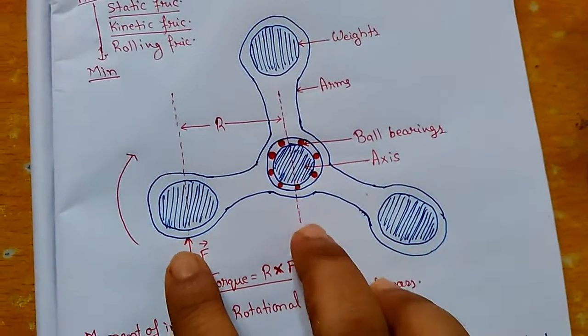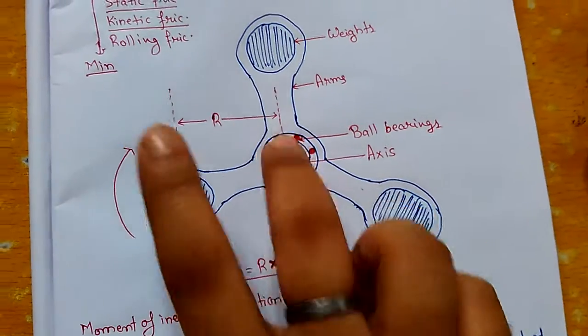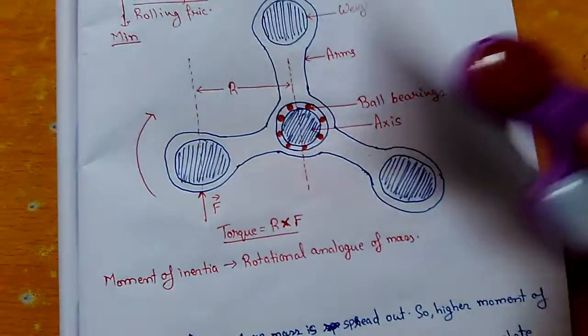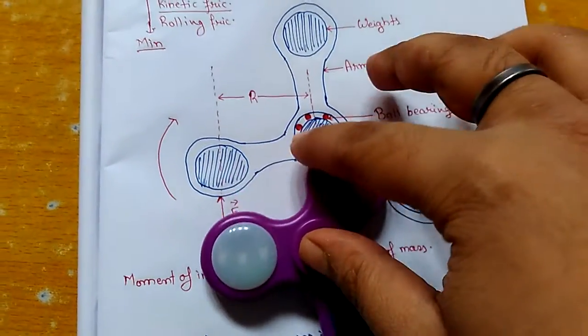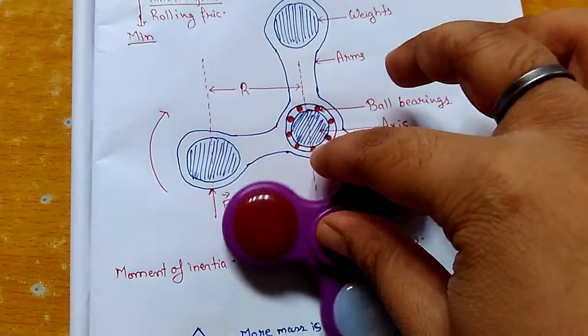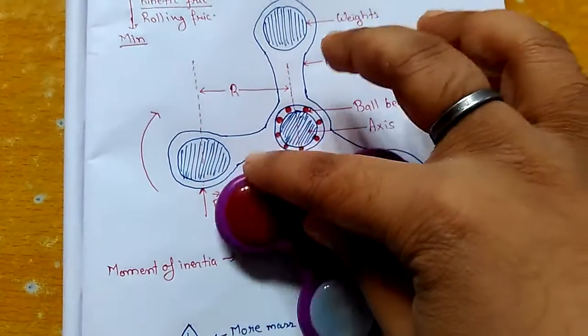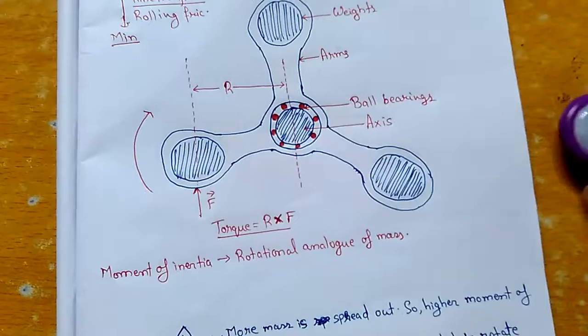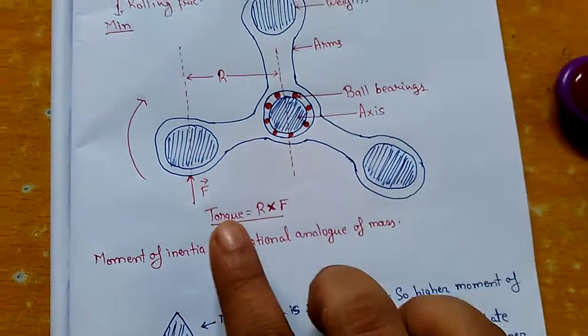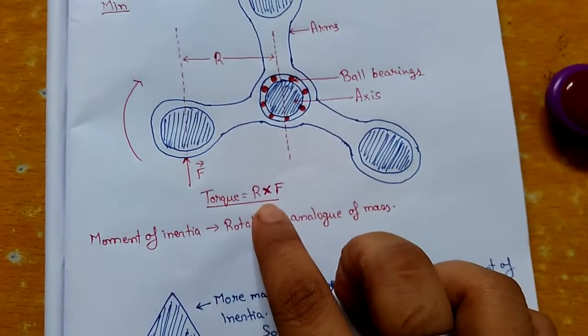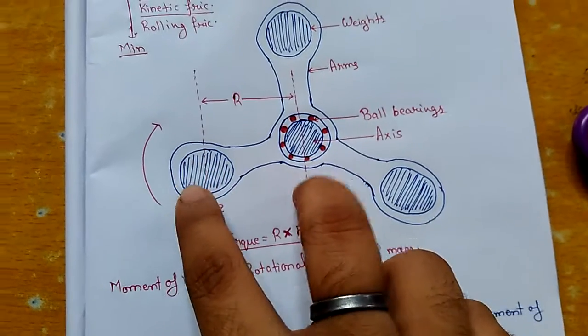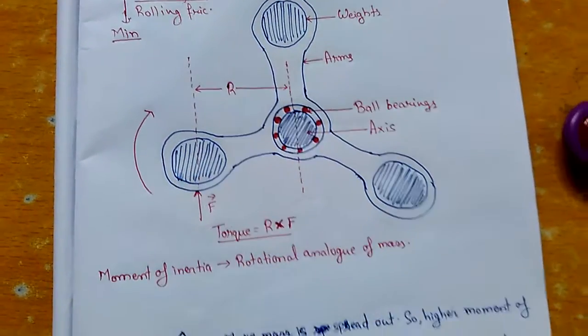Now the distance between the axis and the weight is R, and we are applying some F amount of force on its corner, on its end, at the weights. This force at a distance R from the axis will generate a torque which will be the multiple of force applied and the distance from the axis.